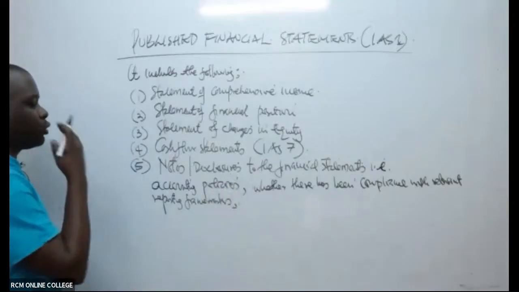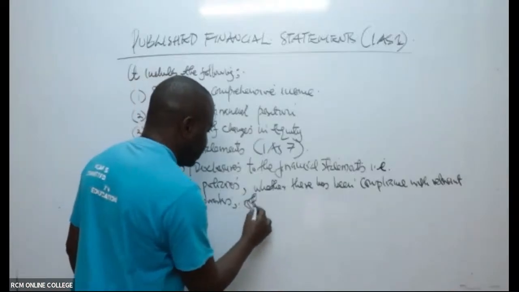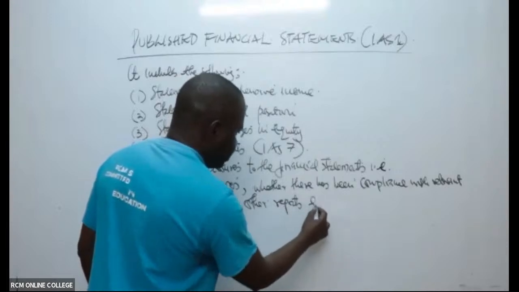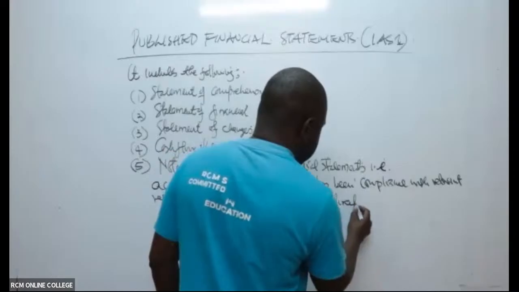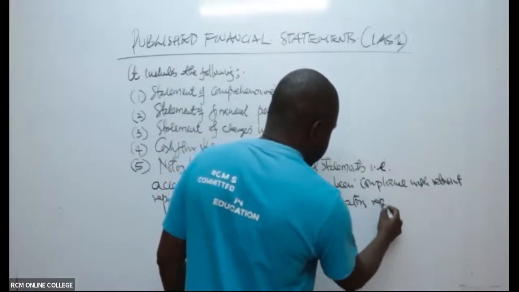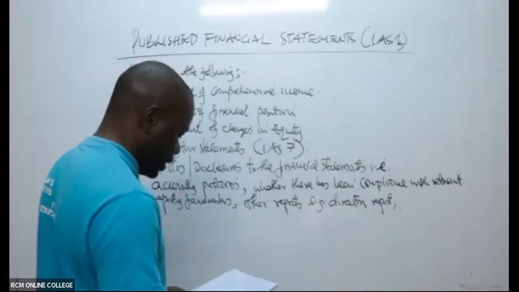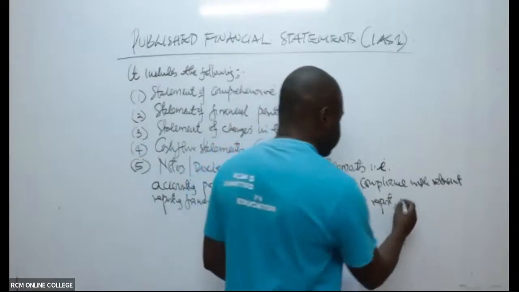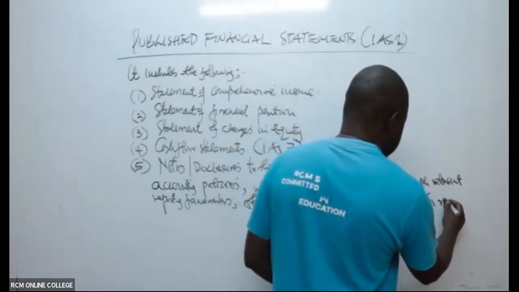Then, of course, you can include other reports in the notes, for example the director's report. You can include what we call the auditor's report, which can also be attached.